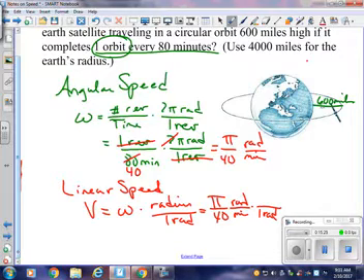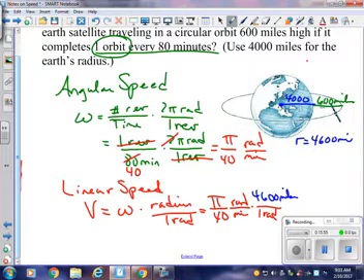Where is the center? Well, the center is right here. And from there to the surface is 4,000. So my radius is 4,600 miles, because I have to add the radius of the Earth to the amount I'm off the Earth, so that I'm all the way to the center of the circle. So 4,600 miles.